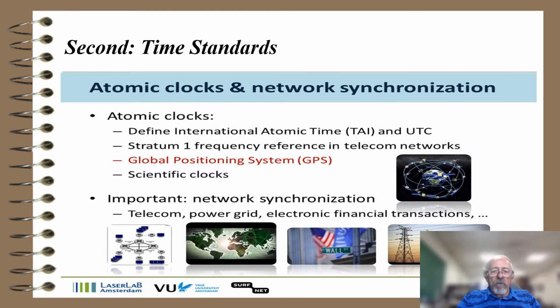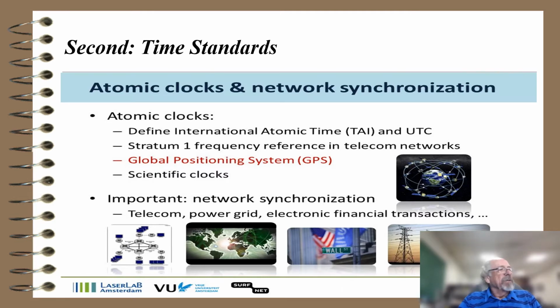If you look at your laptop or whatever device you might be on now, there's network time pushed out to you over the network. Your smartphone, as well as any of your portable devices, will basically always have the same time. And again, it's important to have network synchronization for telecom, power grid, electronic financial transactions, and so forth.